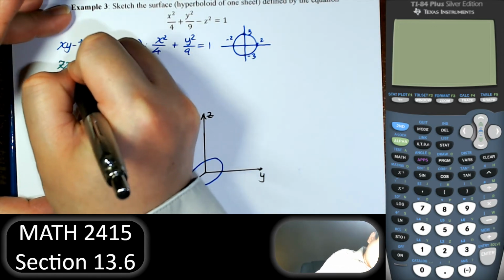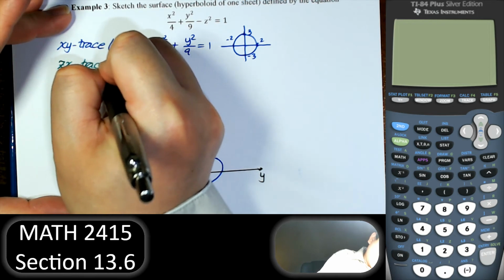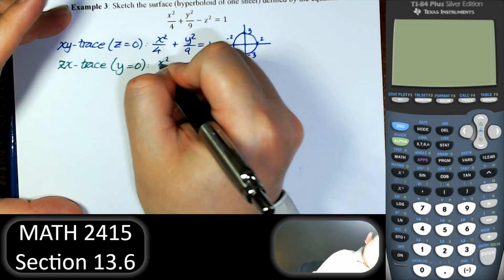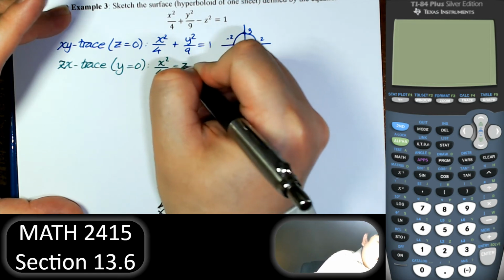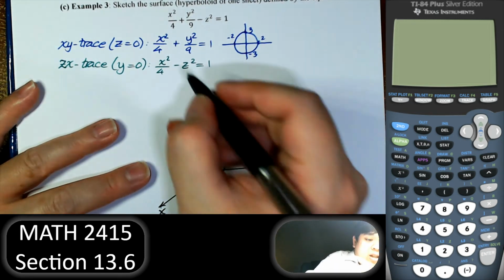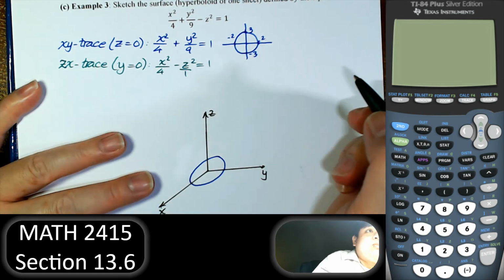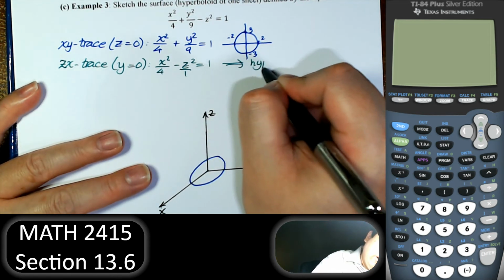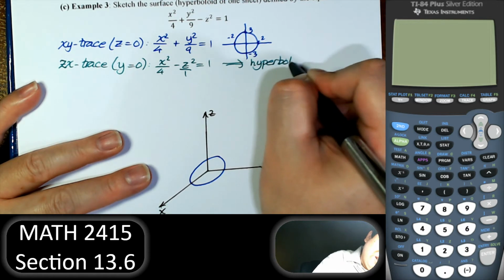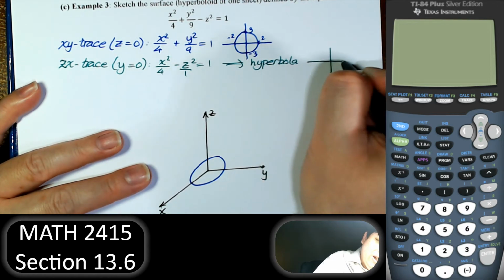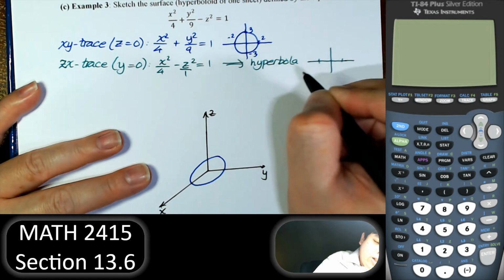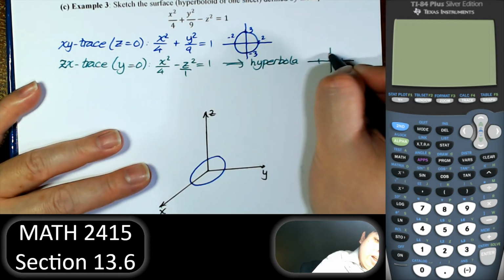Zx trace, y equal to 0. x squared over 4 minus z squared equal to 1. We can write 1 squared like this. This is the hyperbola. 2 under the x, so 2 left, 2 right. z, 1 up, 1 down.